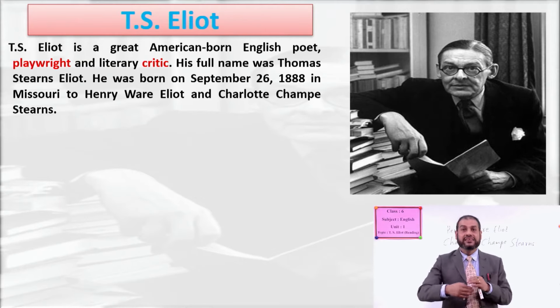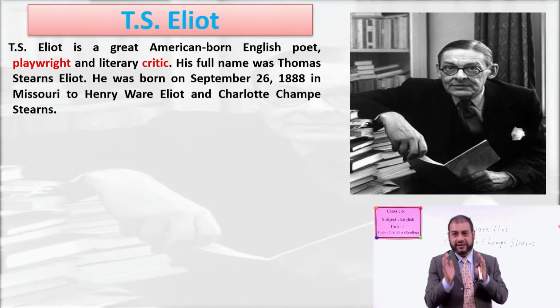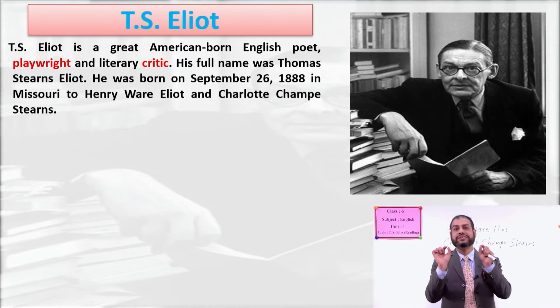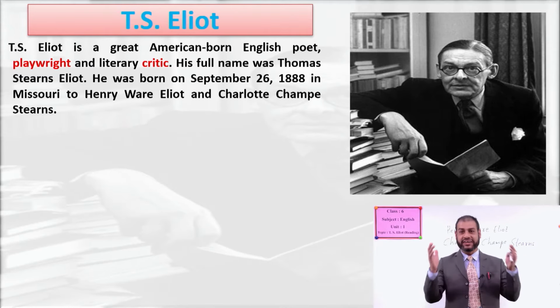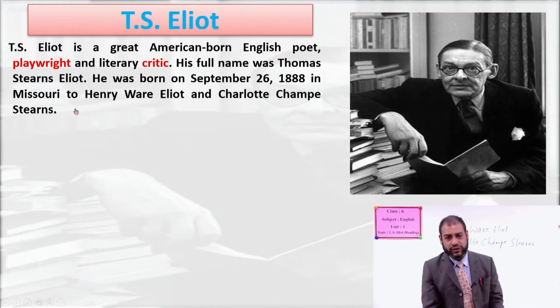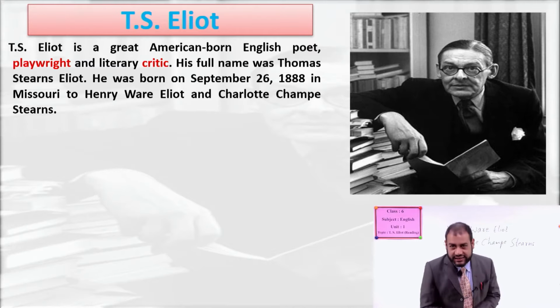And now another information you have to know about him. And I have already told you, now you have to tell me the names of his parents. What was his father's name? Yes, again you are right. His father's name was Henry Ware Eliot and mother's name was Charlotte Champe Stearns.